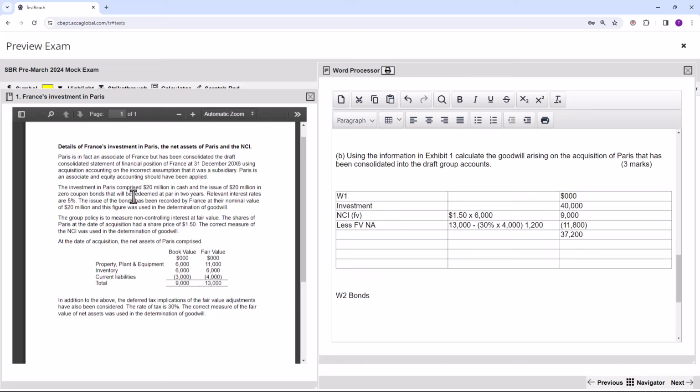France has an obligation to pay 20 million in 2 years' time, and there is no interest that is paid. So the bonds should be measured at fair value. Yeah, the initial recognition of the liability should be at fair value.